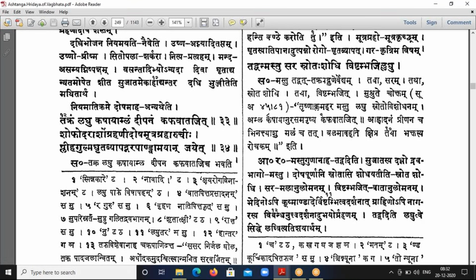Takram laghu kashayamlam. It is not just Amlam, it is Kashayamlam. Deepanam. Kabhavadajit. So from a stage of Dhi which was kabhapitta karam, when this churning is done and the butter is removed, it becomes kabhavadajit. Previously, there was a threat that the untimely or inappropriate use of dadhi can cause many diseases, including shobham.